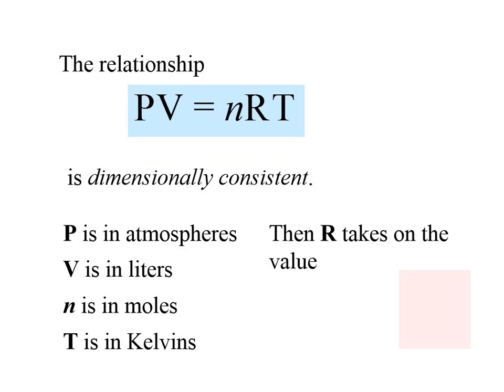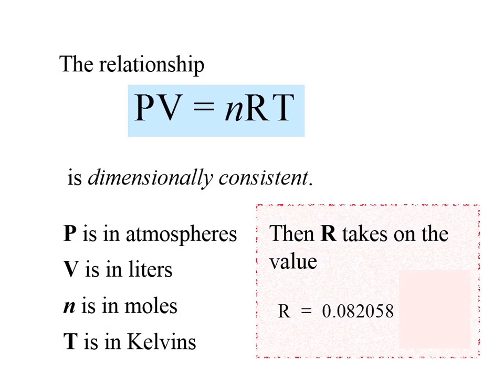And there are different values for R, but I would suggest you use this one, 0.082058. There is uncertainty in that, but that gives you 5 significant figures, which is quite a bit. Now that is if your pressure is in units of atmospheres.